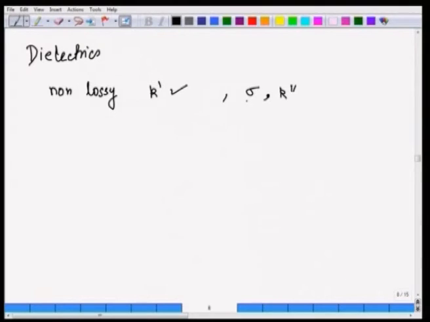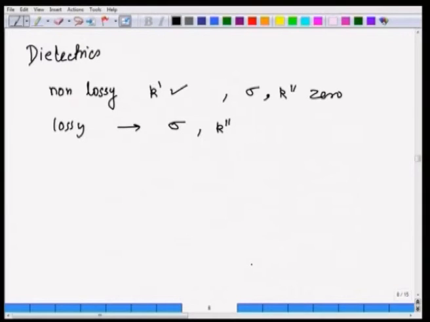This sigma representing conductivity would be 0. And if it is lossy, then we will have either some DC conductivity or some AC conductivity, or the loss part of the dielectric would lead to some energy loss.